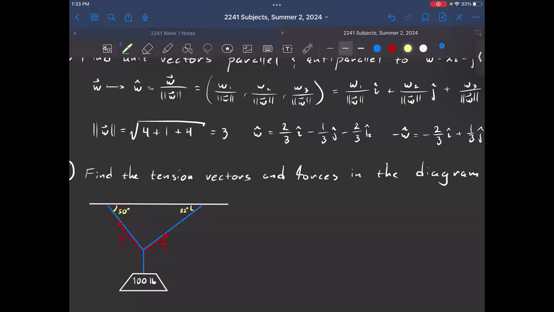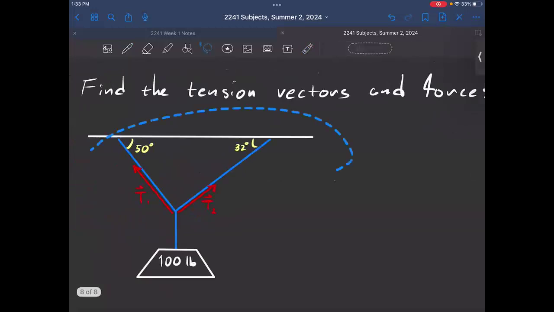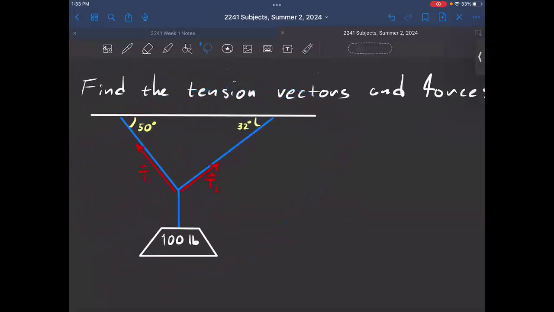So let's see how this works. We take our mass of 100 here, shift this up a little bit, and we put in a vector pointing down, and this will be called our gravitational force. Maybe we'll call it G. So 100 pounds is that gravitational force.